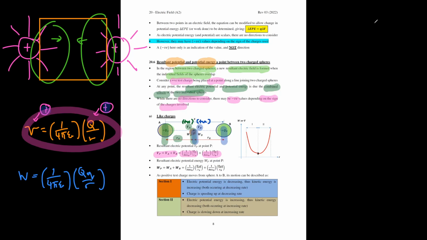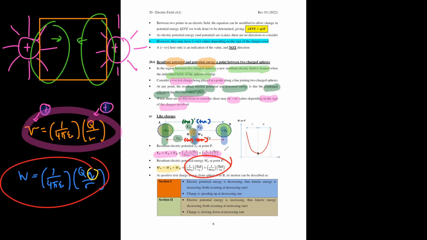So the only thing different now is that you have a small positive test charge to consider. So in terms of finding the expression for the resultant electric potential energy at the same point P, it's going to be the same analysis where you just say WA plus WB. WA would be positive, WB would still be positive. If you expand it using the equation here, this is what you get.